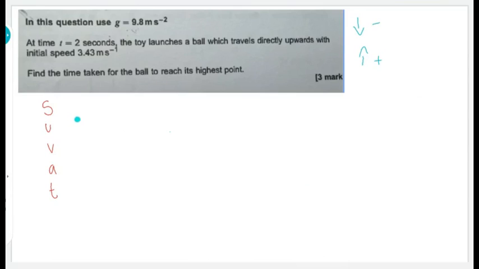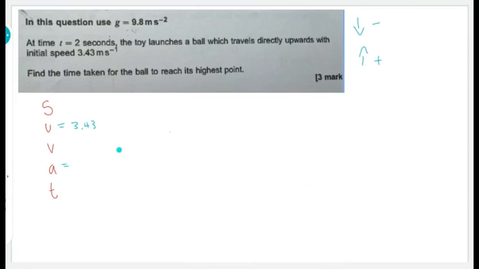So we've got the initial speed, because it says the ball travels directly upwards. So the initial speed is 3.43. That's up, so it's positive. What else do we know? We also know that acceleration due to gravity always acts downwards.